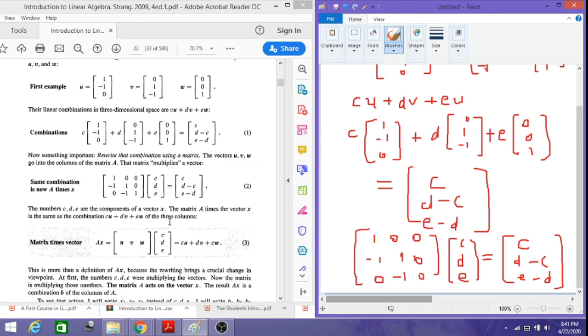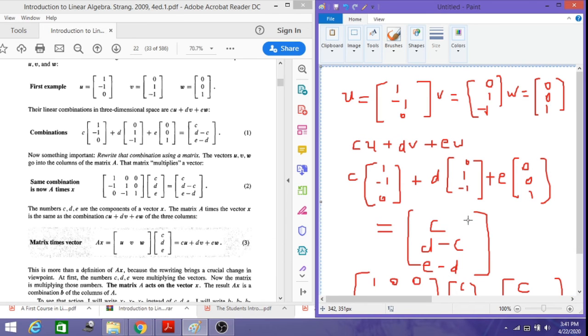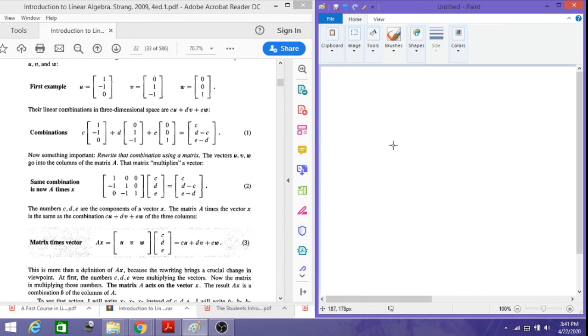The numbers C, D, E are the components of the vector X. So we call this C, D, E a vector X. Now in a general form, let me clear this section.